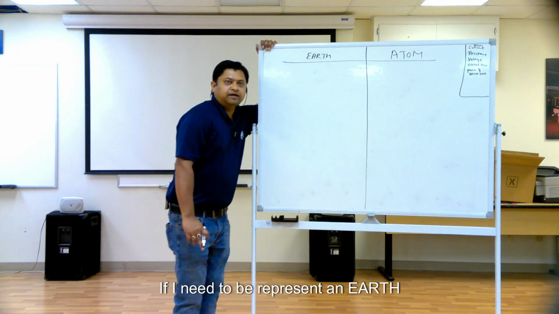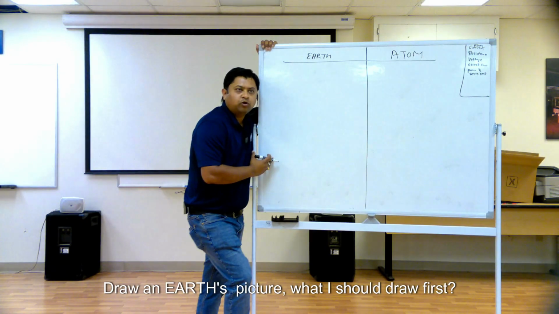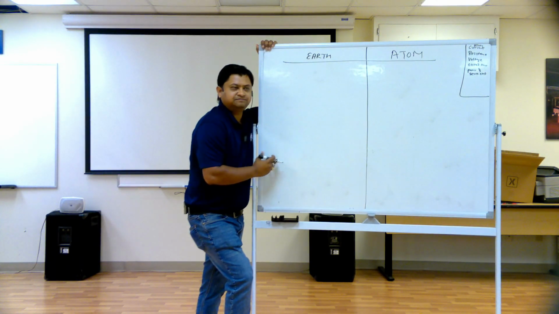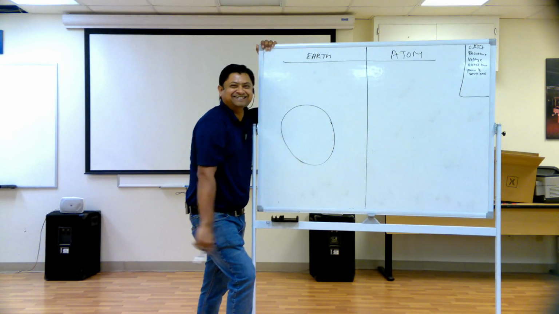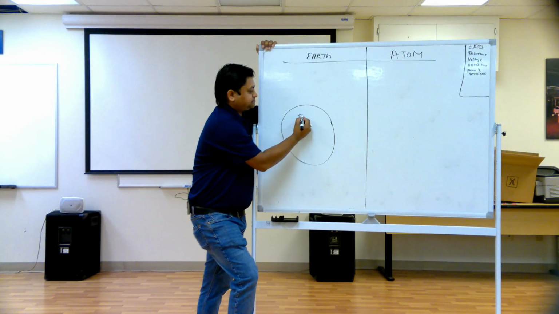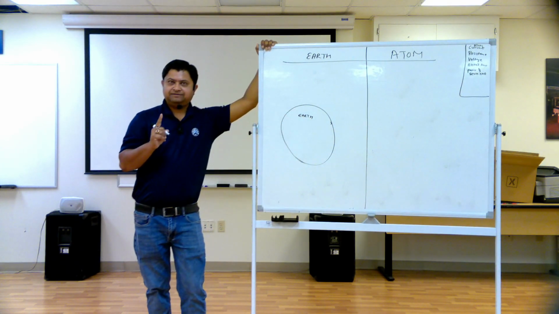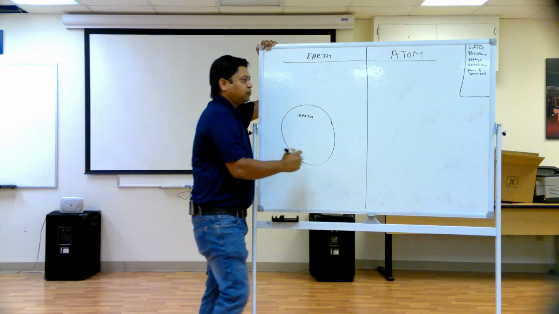Help me out. If I need to draw the Earth, what should I draw first? A circle. Great. So we draw a circle, and this is the Earth. Similarly, to draw an atom, we draw a circle.